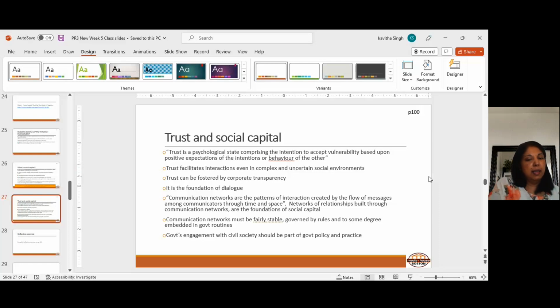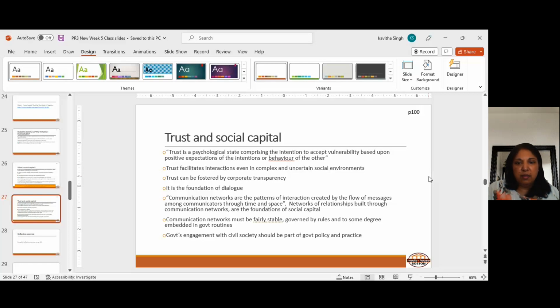Okay, so trust is very important and integral, not only in the work environment or when we talk about social capital, but in life and in work in general. Trust is such a rare commodity, and once you've established it, you can achieve many things.